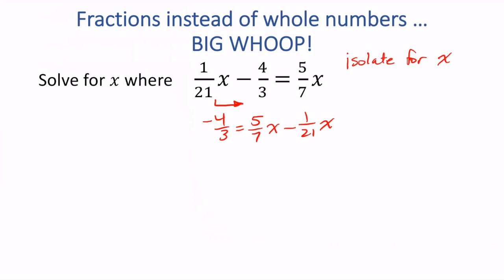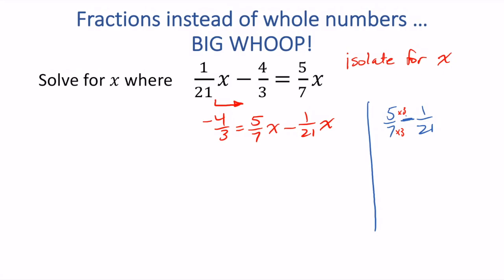So on the right-hand side, I'm just going to do a quick calculation here. This is minus 1 over 21. I'm able to do this by finding a common denominator, and that would be 21.